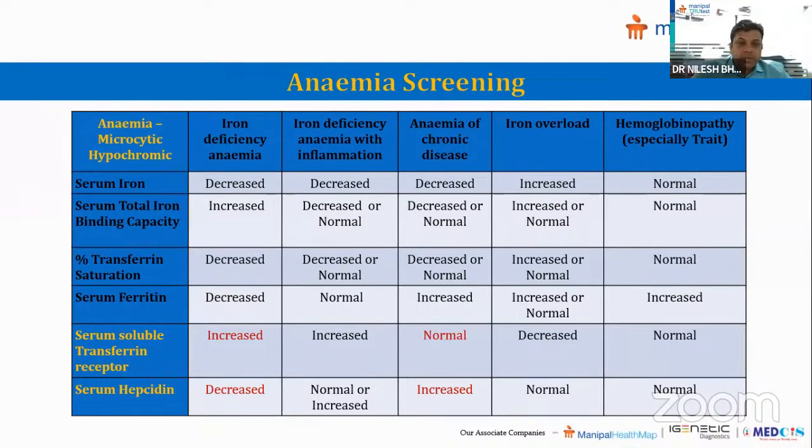Whenever there is depletion of iron, hepcidin also goes on decreasing, and when there is iron excess, hepcidin is increased, like in anemia of chronic disease. How these two parameters work, we will look into in the subsequent slide. But I want to focus on these two markers, the serum soluble transferrin receptor and serum hepcidin.